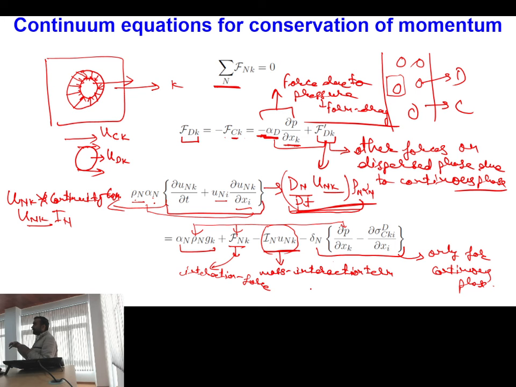Because it may happen that you have accounted for the time derivative as well as the advection spatial derivative, but along with that, within the control volume, in case of a boiling process, if you consider vapor phase to be the dispersed phase, then the mass of the vapor phase is actually continuously growing.